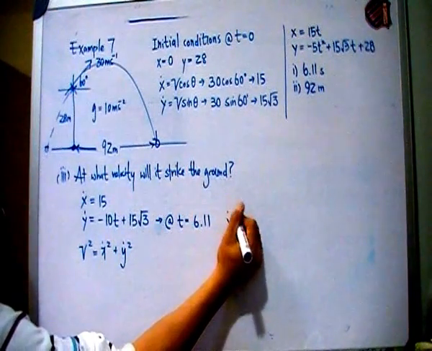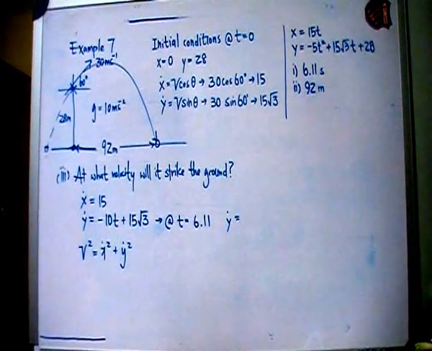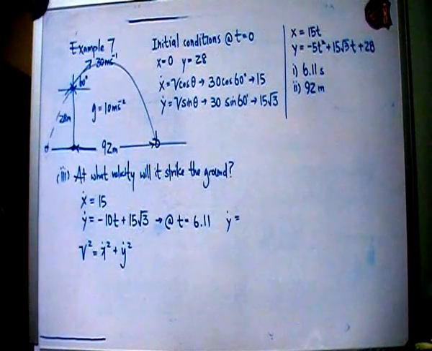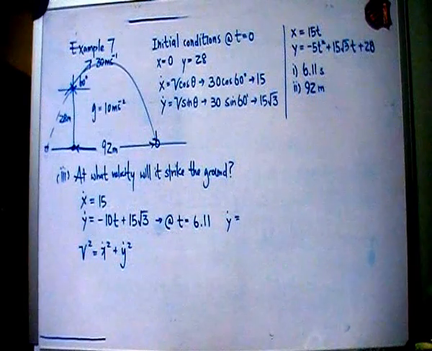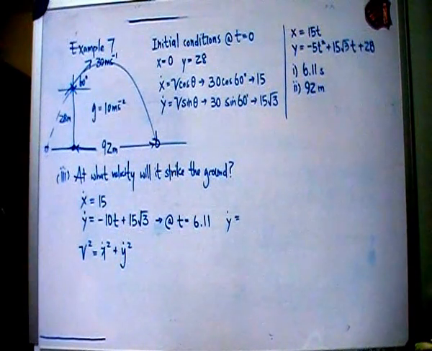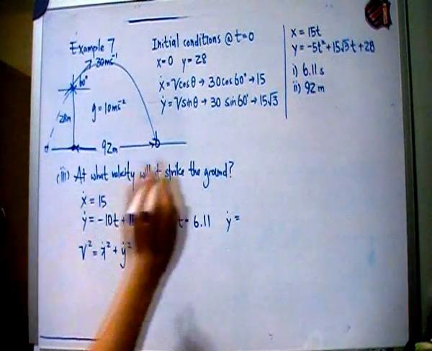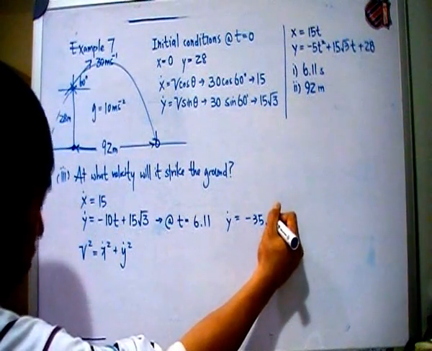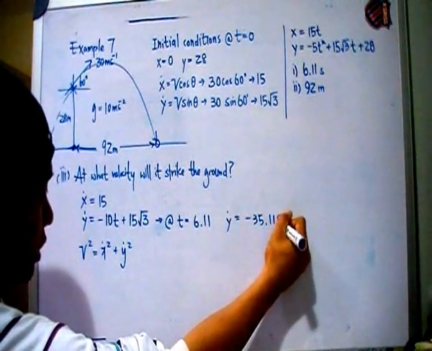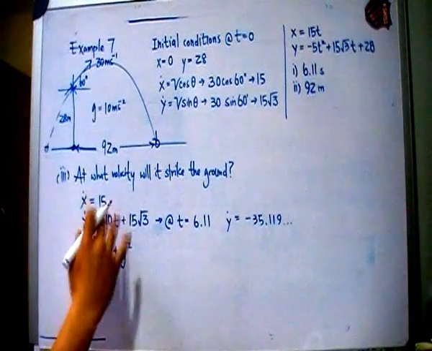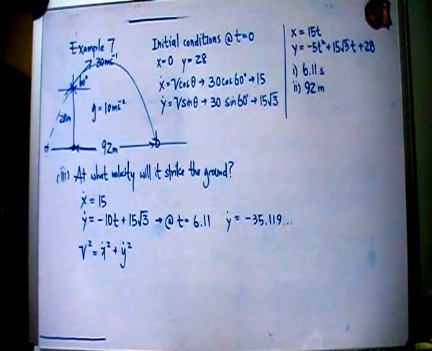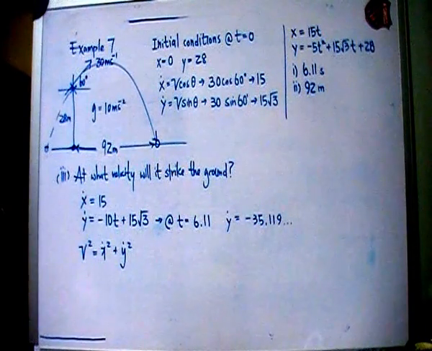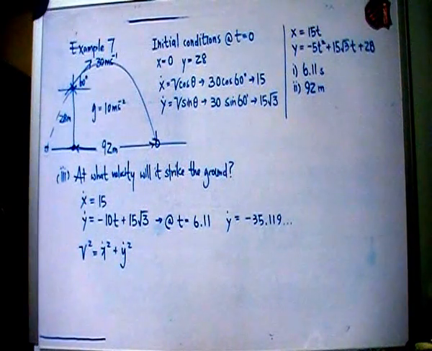Your y dot actually gives you 15 root 3 minus 61.1. We'll get something like minus 35.119. And you get your x dot equals 15. Square them and add them. So minus 35.119 squared plus 15 squared, which is 225.